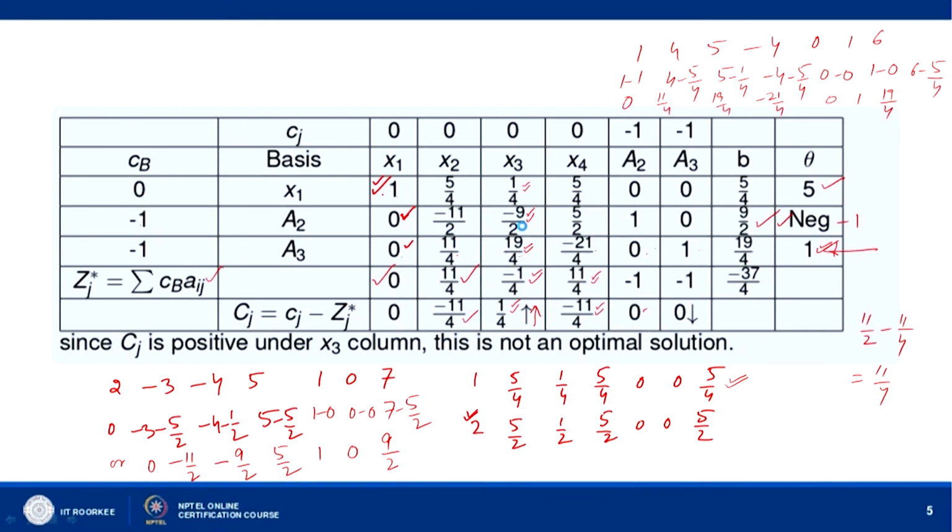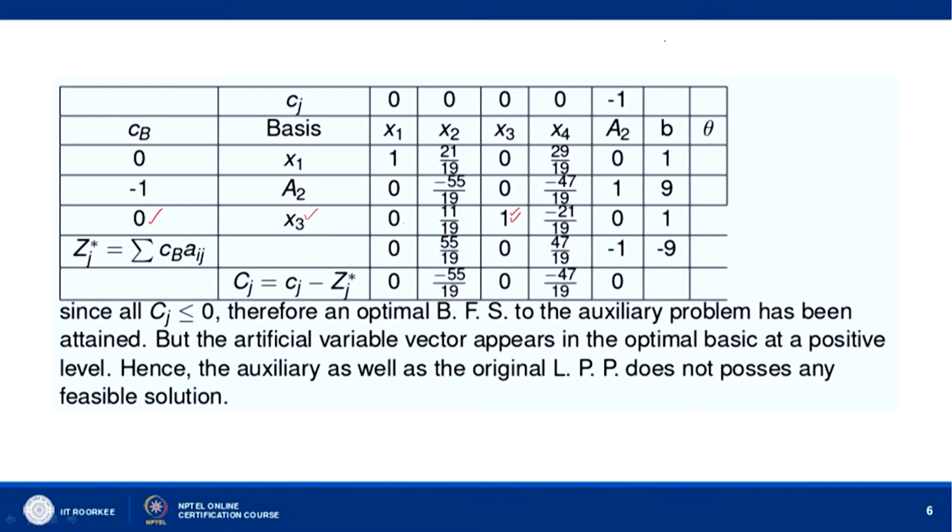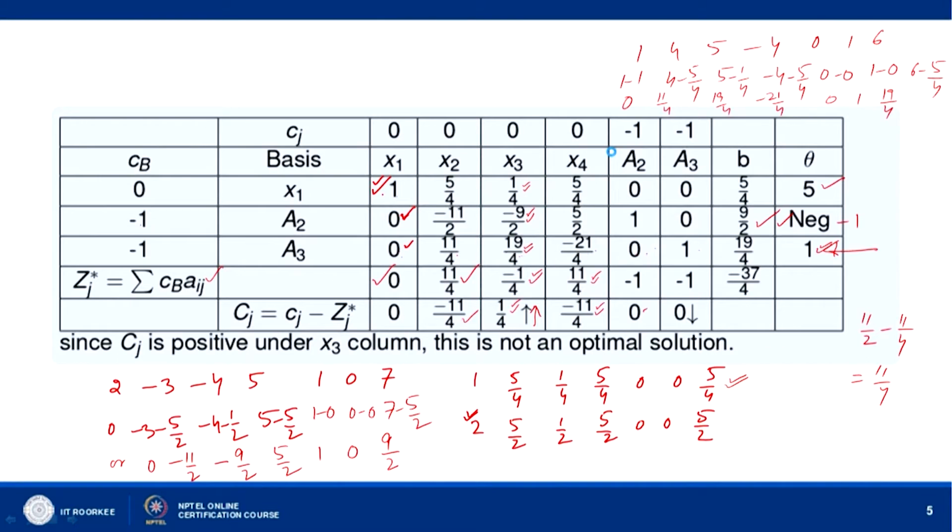Now, what are the elements of this row? 0, 11 by 19, and then we get 1, we get minus 21 by 19, we get 0, we get 1. We do not have to consider the A3 column.